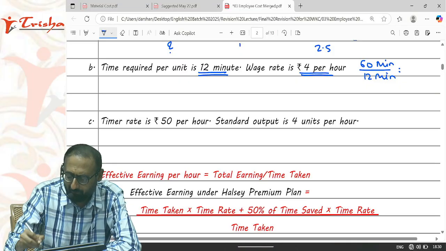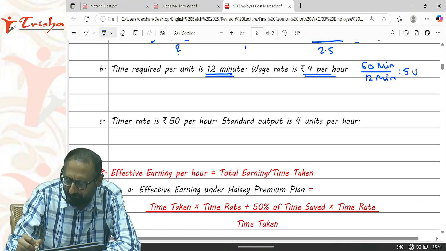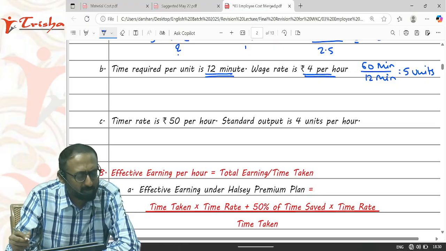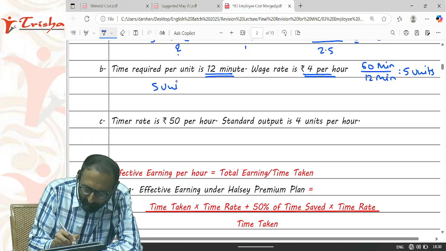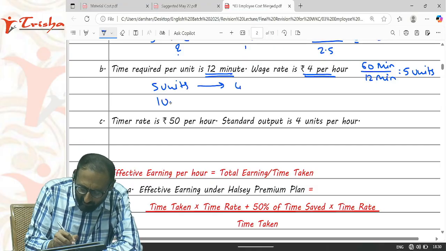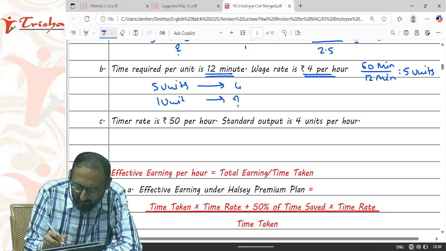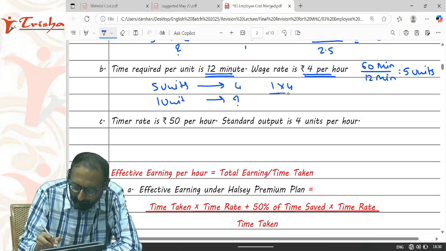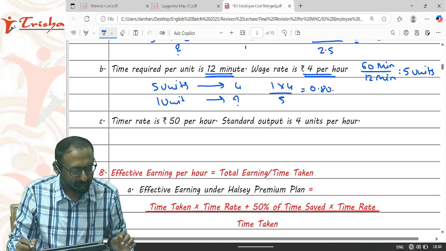So in that 1 hour, how many units will be produced? Is it 5 units? So for 5 units, you are getting wages of 4 rupees. So for 1 unit, how much? Cross multiplication, 1 multiplied by 4 divided by 5, your answer comes to 0.80.